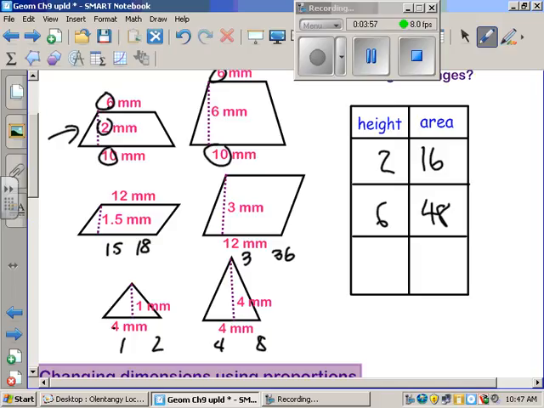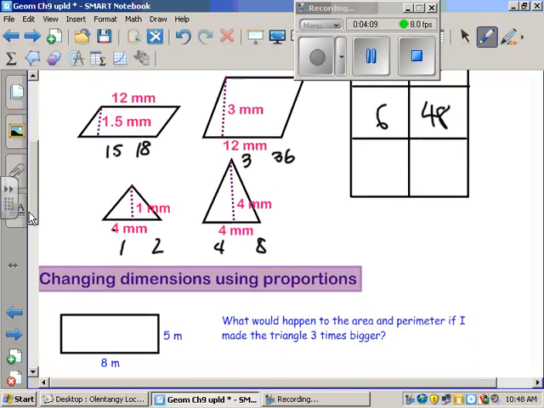When I quadruple the height of this triangle, it quadruples the area, right? 1 times 4 is 4, 2 times 4 is 8. So when I'm just changing one dimension, it changes the area in the same way. So the change in one dimension equals the change in the area.